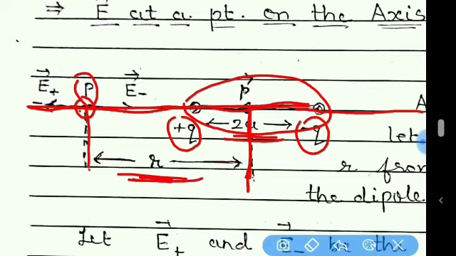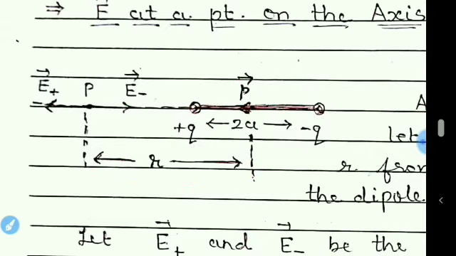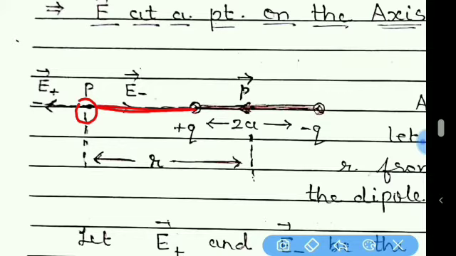And now we are going to find the electric field at this point P. So we know that the electric field at this point P will be due to this positive charge, and also due to this negative charge.